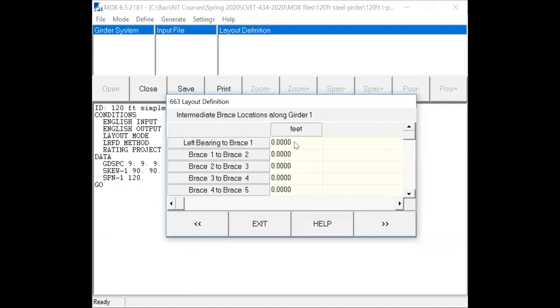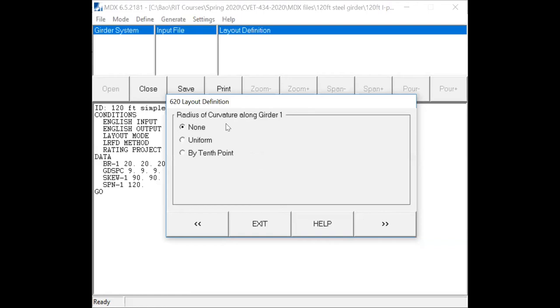So we have the left bearing to brace 1 as 20, and brace 1 to brace 2, so cross frame 1 to cross frame 2, is 20. So each spacing is 20.